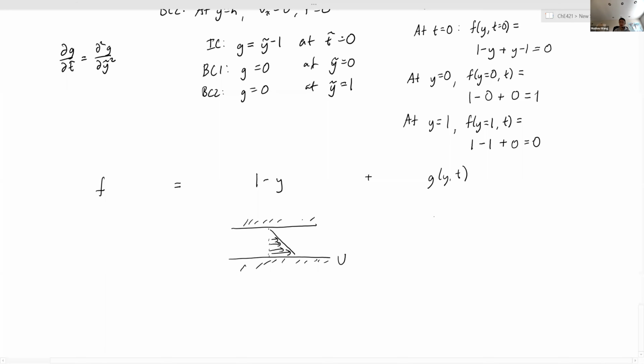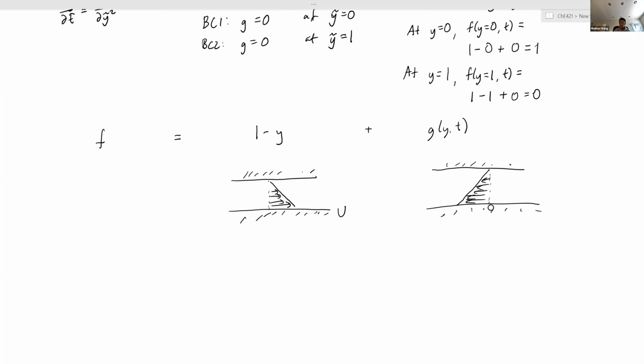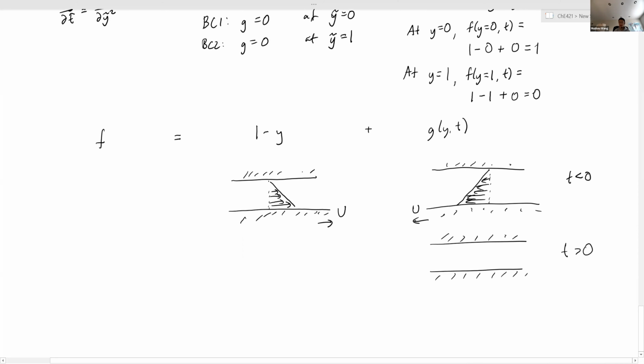G of y of t looks like this. This is what you get before time t equals 0, or I'll say t is less than 0. And then at time t equals 0, everything comes to rest.